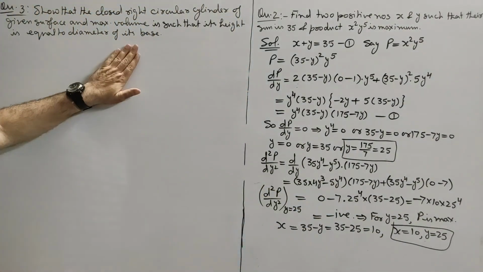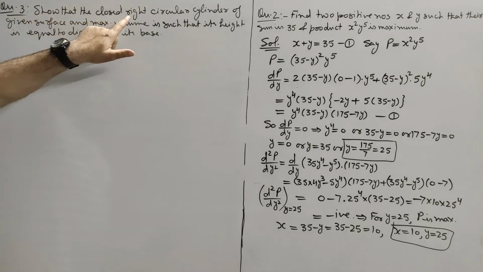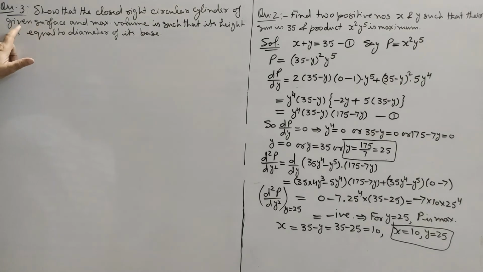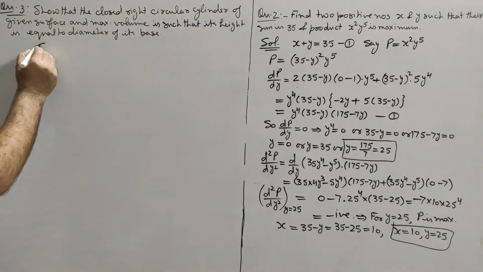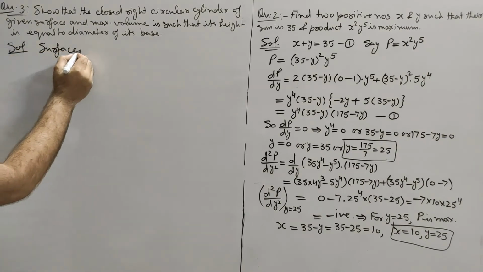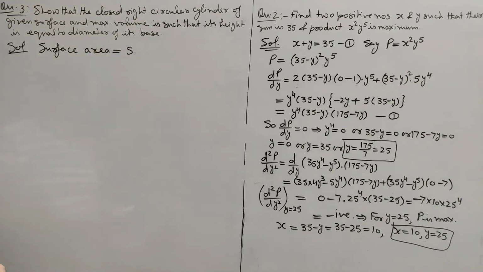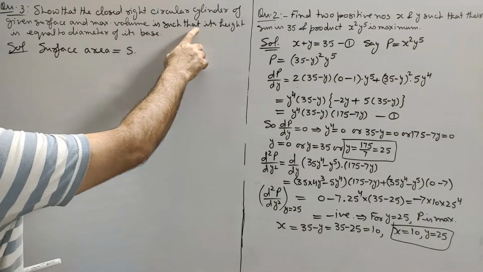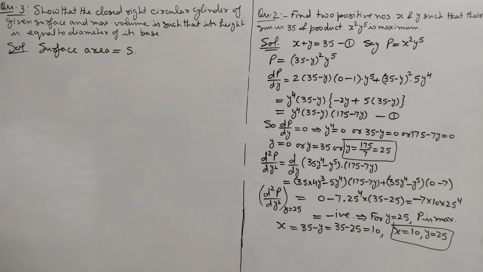Now we are taking the second example. In this second example, show that the closed right circular cylinder of given surface area, given surface area means surface area is constant, and surface area say is S, so S will be treated as constant, has maximum volume when its height is equal to diameter of its base.